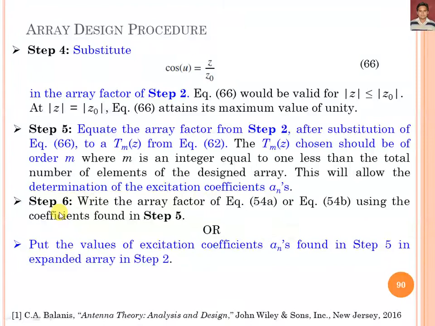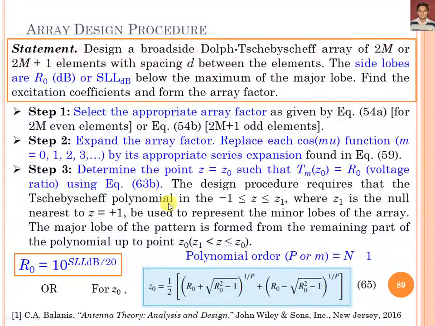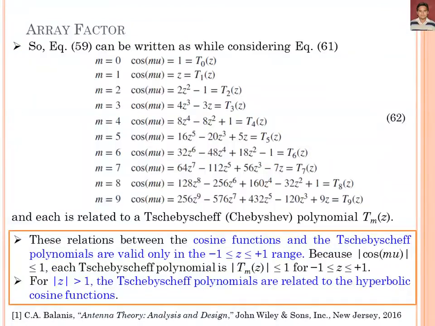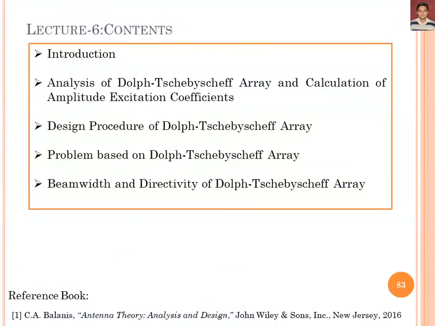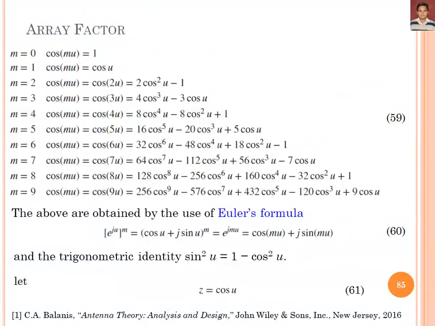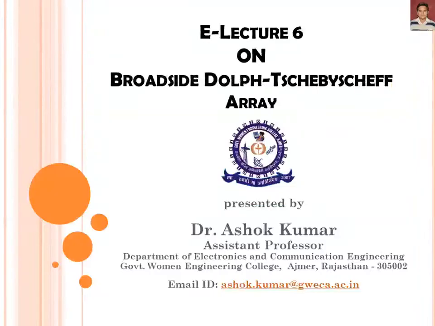In step 6, write the array factor of equation 54a or 54b using the coefficients found in step 5. We have calculated the coefficient values from step 5, and these coefficient values we are putting in equation 54a or 54b, as we have discussed previously.